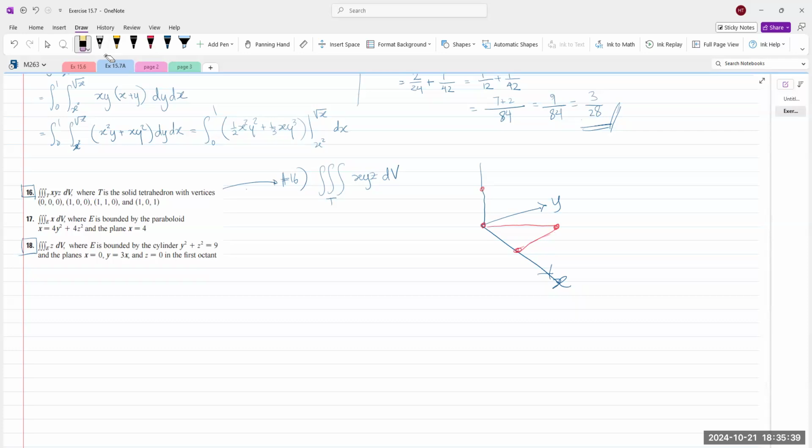So not that one, not this thing here. It's this guy. This is 1, 0, 1. This is 1, 1, 0. This is 1, 0, 0. If I go back to the original view, what happened? It's 0, 0, 0, 1, 0, 0, 1, 1, 0, and 1, 0, 1.